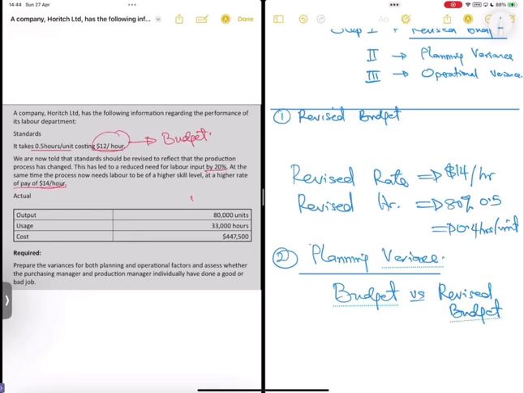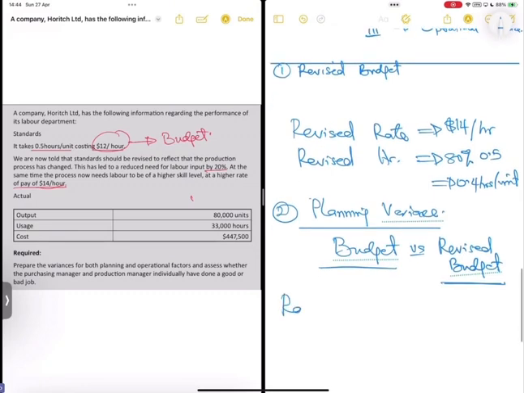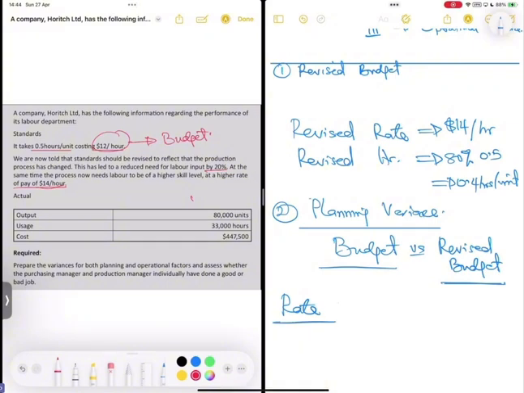Our revised budget is almost like our actual. It's not actual, but look at it like that, because this is our plan and this is what we have now. So if we want to do rates, let's start from the rate variance. We're going to do both rate and efficiency. Remember, for labor, it's a combination of rate and efficiency. Though they are planning variances, we still need to do the rate variance.